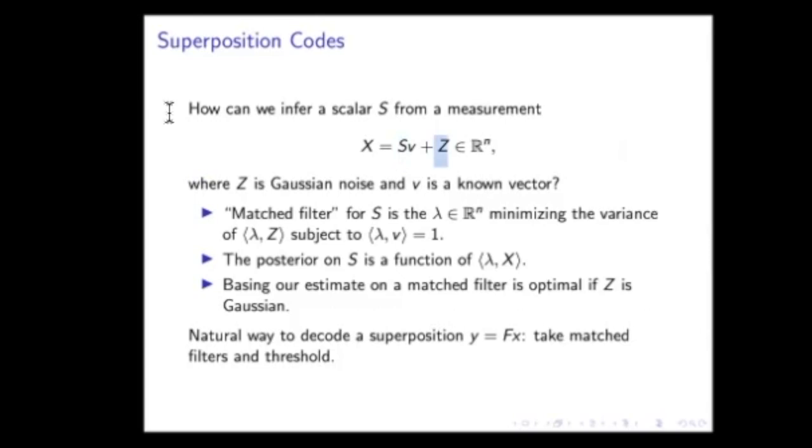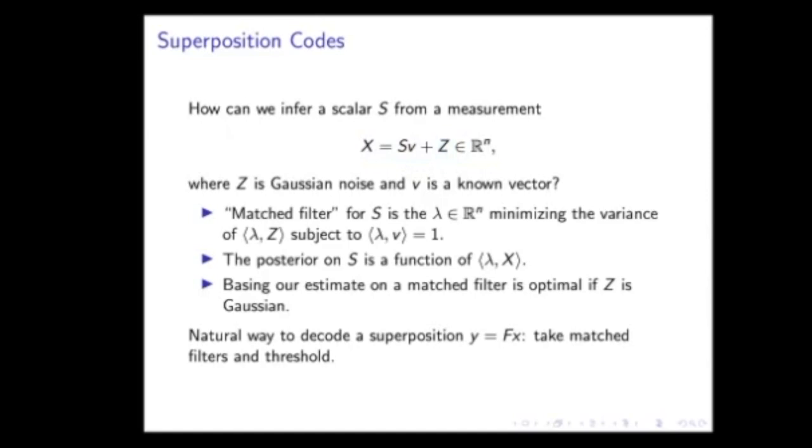And we know from the theory of linear filtering that the optimal solution to this problem is to predict S based on a certain linear function of X, which I call the matched filter, and denote lambda, which depends on V and on the covariance of Z. Under the assumption that Z is Gaussian, this is the best I can do.